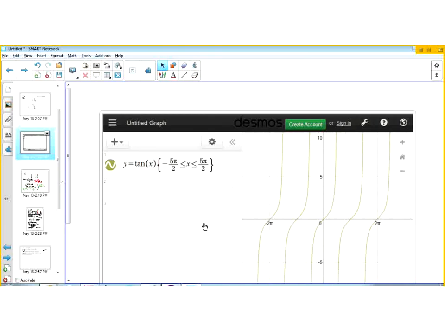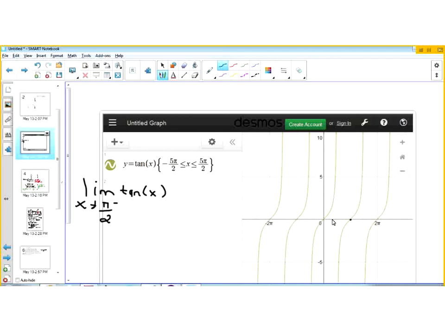And the question is, we want to analyze the limit as x approaches pi halves from numbers smaller than pi halves of the tan function. So what is this limit? What do you think this is going to be? Well, we can trace the graph.